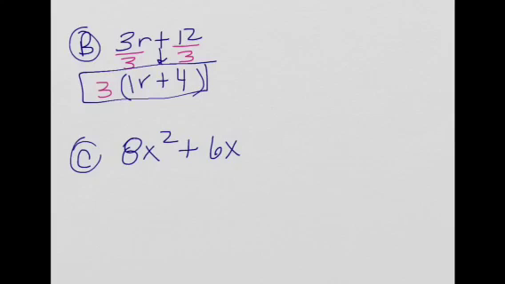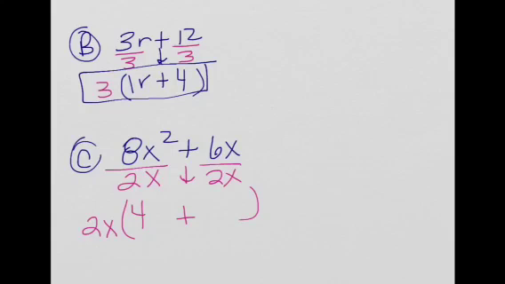Our common factor for 8 and 6 is going to be 2. And you'll notice that both of our terms have an x. So we're going to take out a 2x, parentheses. Our plus drops down. 2 goes into 8 4 times. Where do I have more x's? Well, I have to remember that x squared is actually x times x.